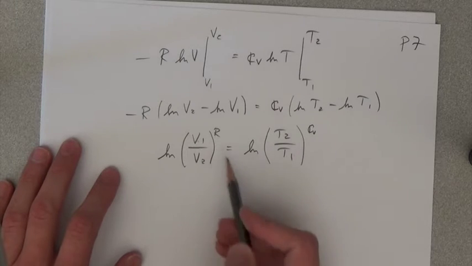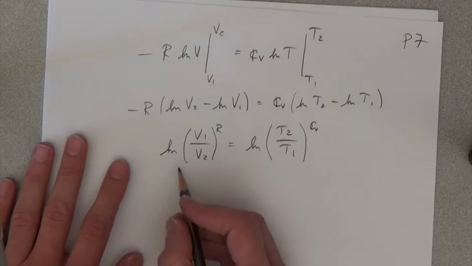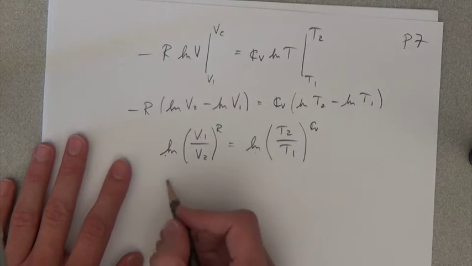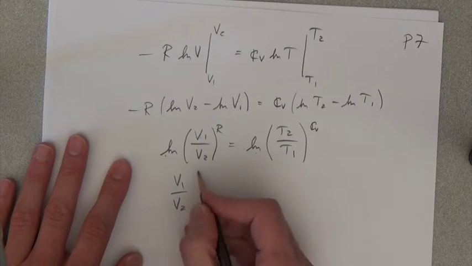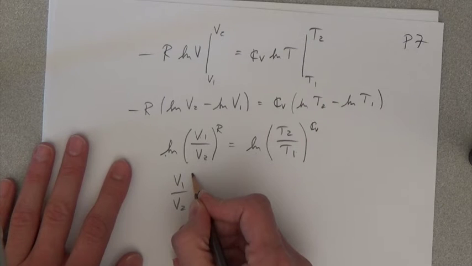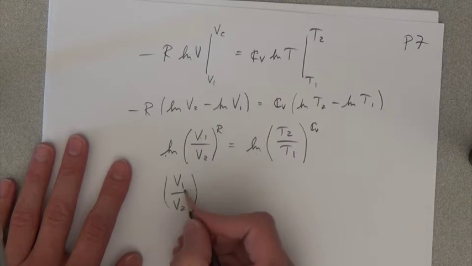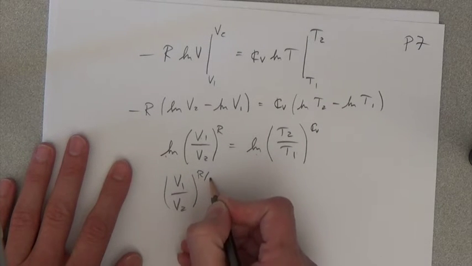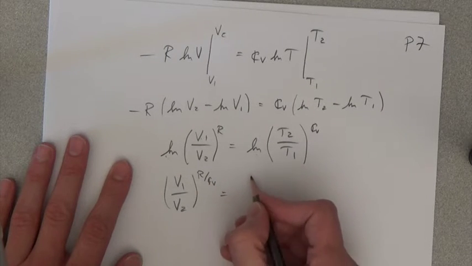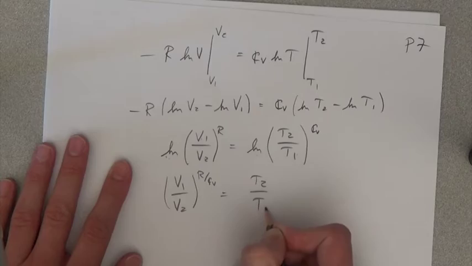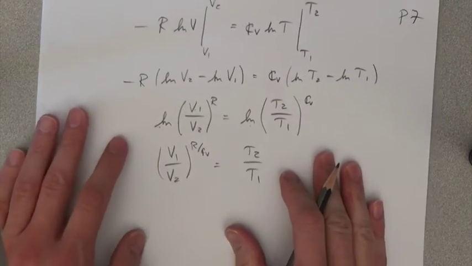And we can take this over here and take the exponential of both sides to give us V1 over V2 to the R over CV is equal to T2 over T1.